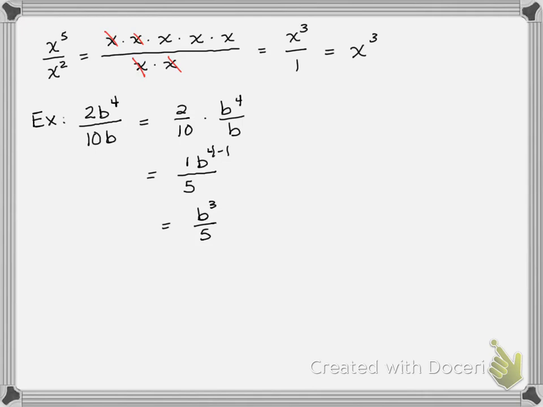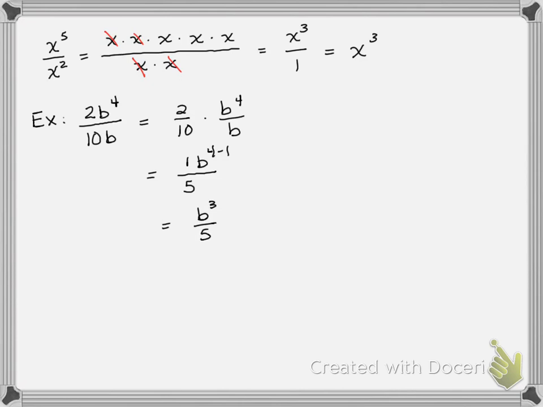I don't know if that's a word, but does that make sense? When I do this, I see the first step, the canceling and stuff, to get to b to the third over 5 in a single step. But that way we don't make mistakes with where they end up and things like that.